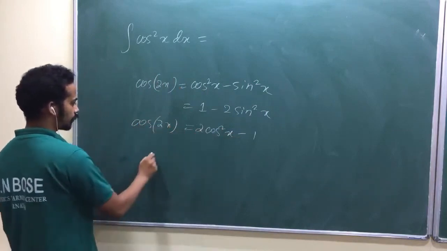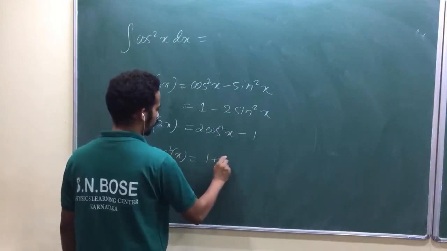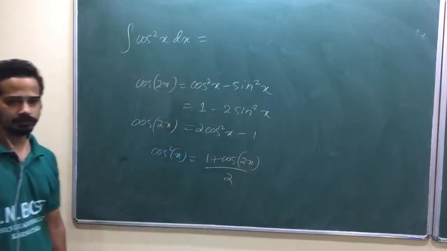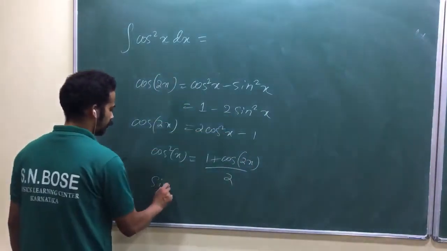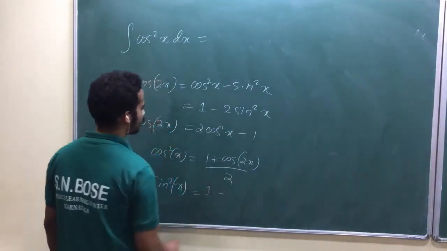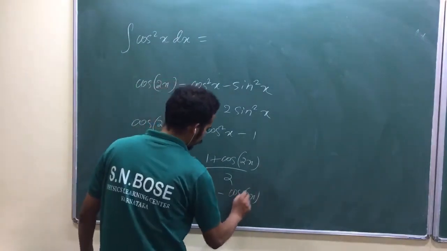If you solve it for cos square x, that's equal to 1 plus cos 2x whole divided by 2. Similarly, if I solve this for sin square x, because you want to integrate sin square x, that's equal to 1 minus cos 2x whole divided by 2.